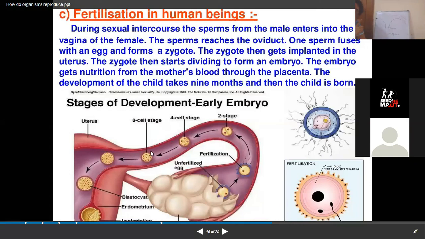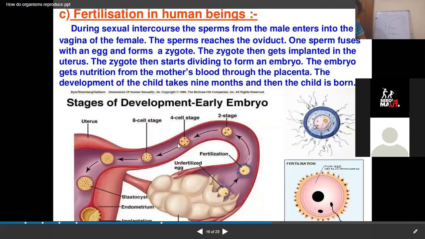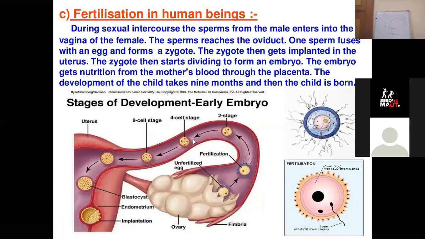Here in the oviduct, if the egg is present, there will be the fusion between the male gamete and the female gamete to produce the zygote. Once the sperm fuses with the egg, it forms a zygote.